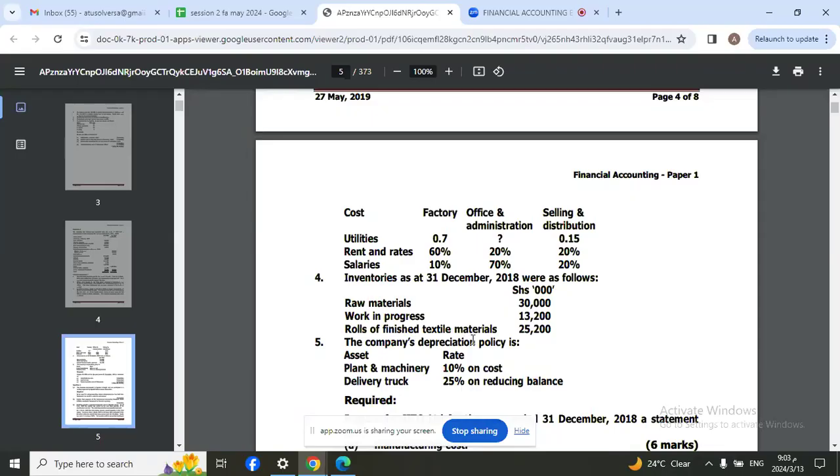So we are going to get 30 minus 25.6. Guys, am I clear there?